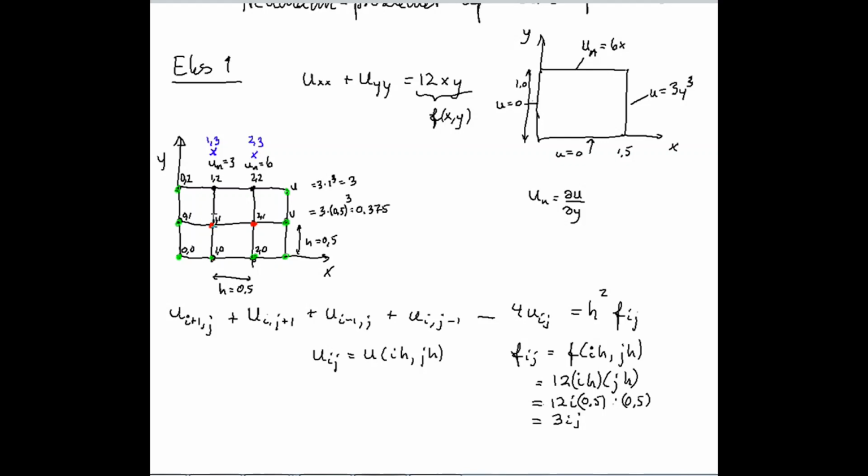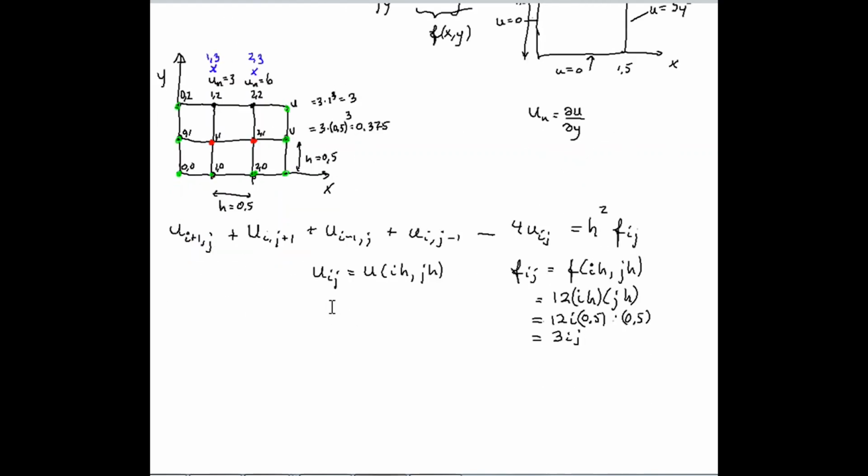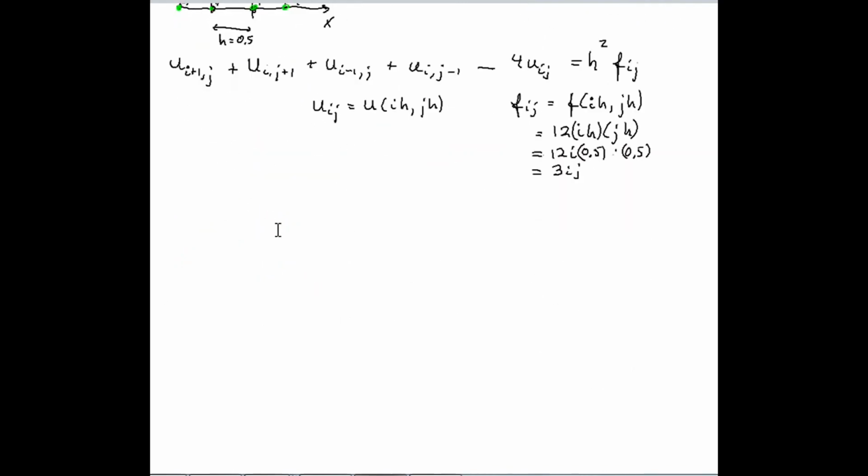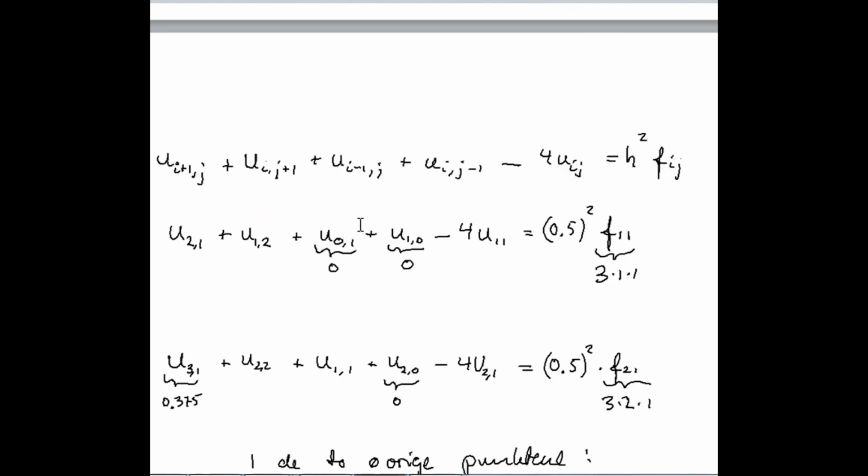We have already shown you how to write this difference equation for the internal points. So for the point 1,1, let's just show you these two equations, and for the point 2,1, it looks like this. Here is the general difference equation, and we put i equal to 1 and j equal to 1. Then we get this equation.